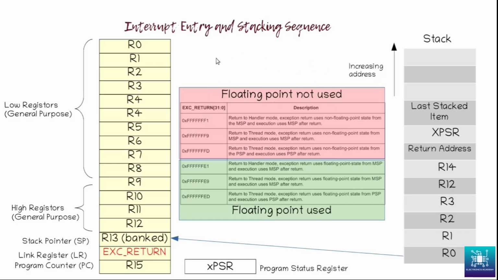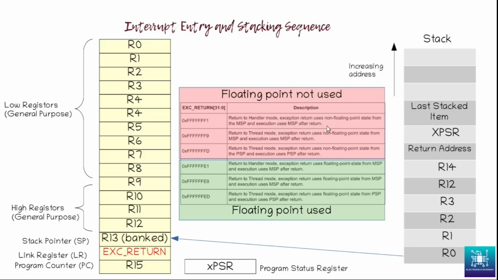Here, when we are not using floating point, we could have this value, that is 0xFFFFFFF1, and this signifies return to handler mode. Exception return uses non-floating point state from main stack pointer, and the execution uses main stack pointer after return.